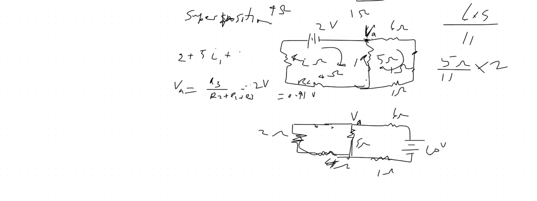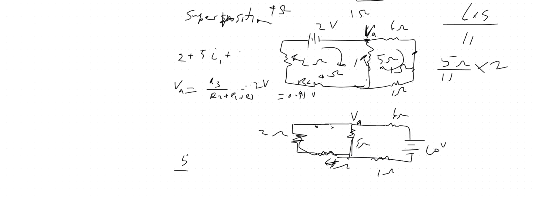Because to find VA, there's several ways you could do it. As I said though, the voltage across VA is going to be the 5 ohms again, right?